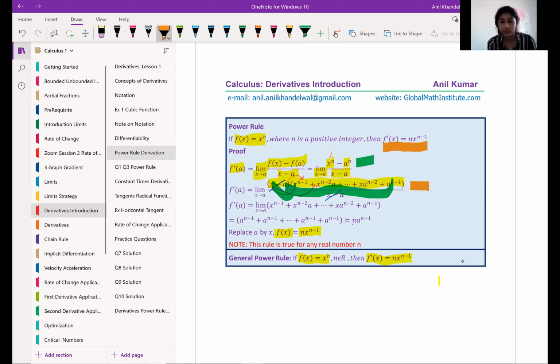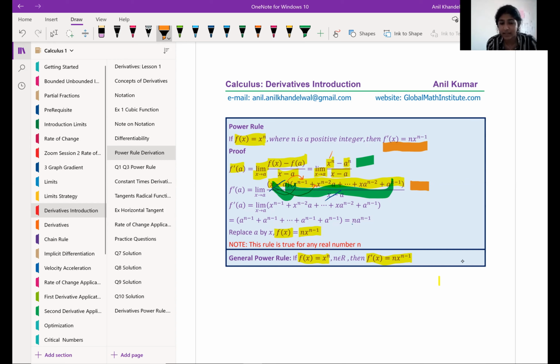Amy, can you explain this particular part, the power rule? So what we did was we used the difference quotient formula in order to derive the power rule. Where it says f of x equals x to the power of n, we just subbed that in as the limit as x approaches a.